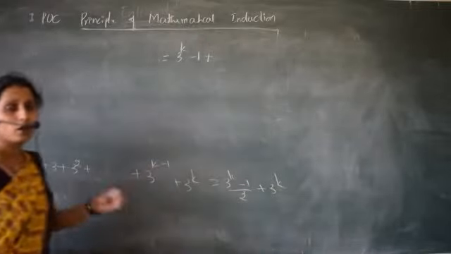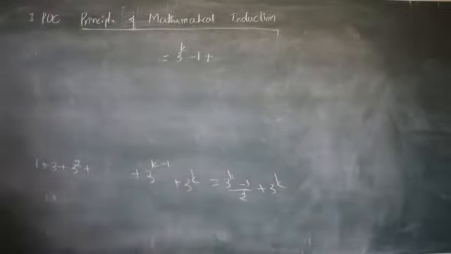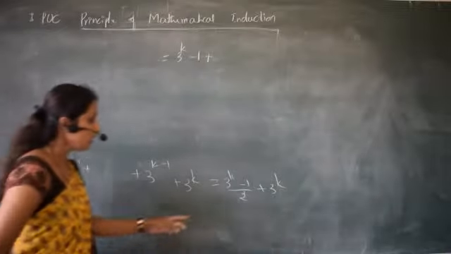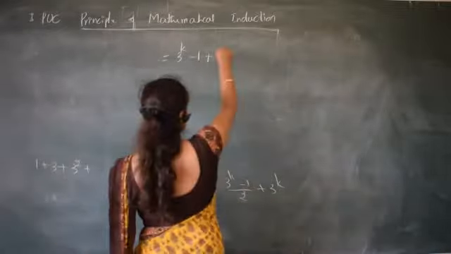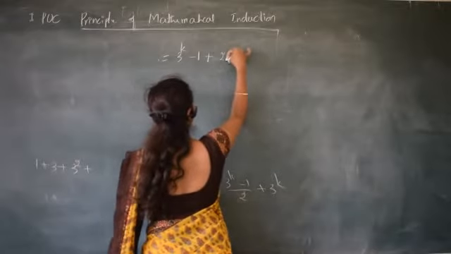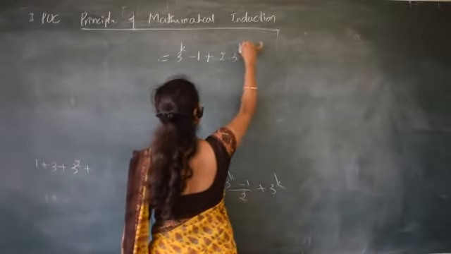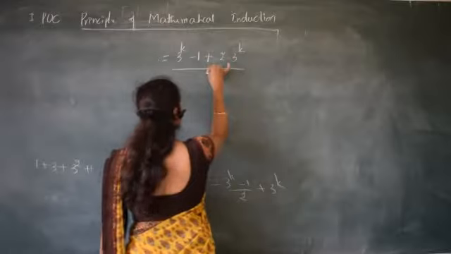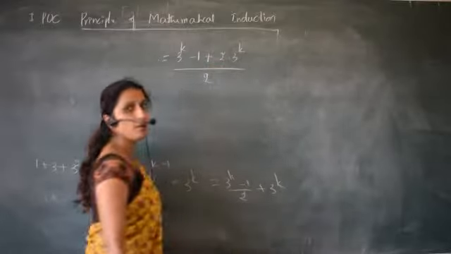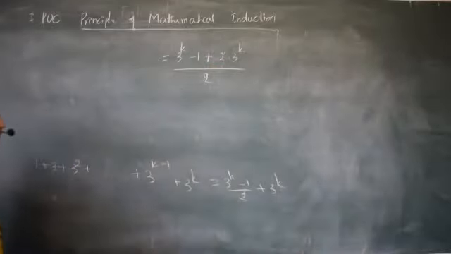When we are taking a common denominator, we are multiplying that with one more term, right? So we have to multiply 2 to this, meaning I can write it as 2 times 3 power k divided by 2. Common denominator means I have multiplied 3 power k by 2.